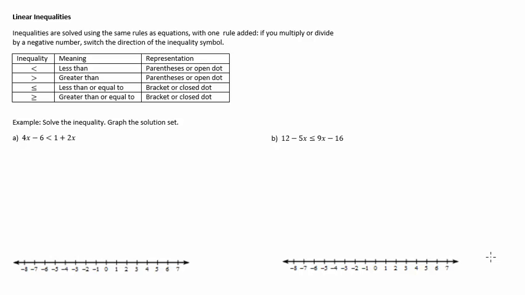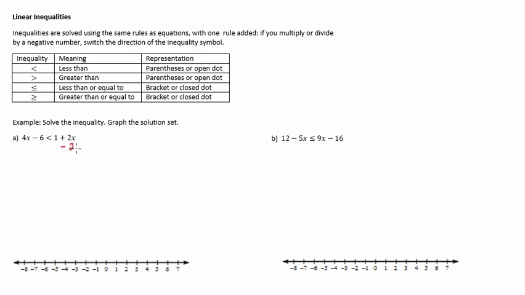So part A, on this example, we're going to solve the inequality and graph the solution set on a number line. And so I need to get my x's on one side and my numbers on the other. I recommend that for inequalities you always get your x's on the left. To me, it really simplifies things.